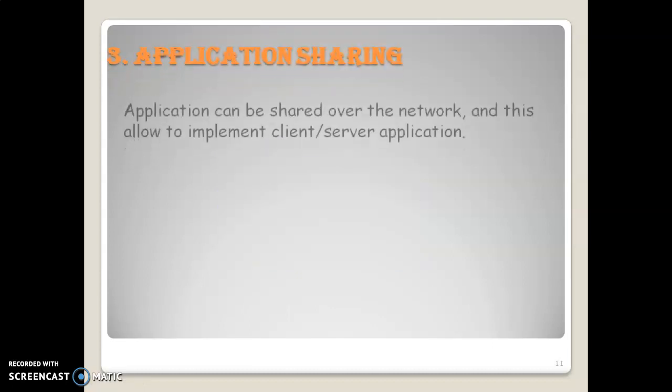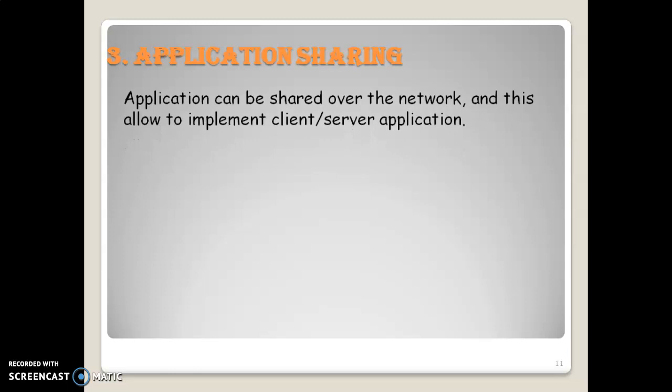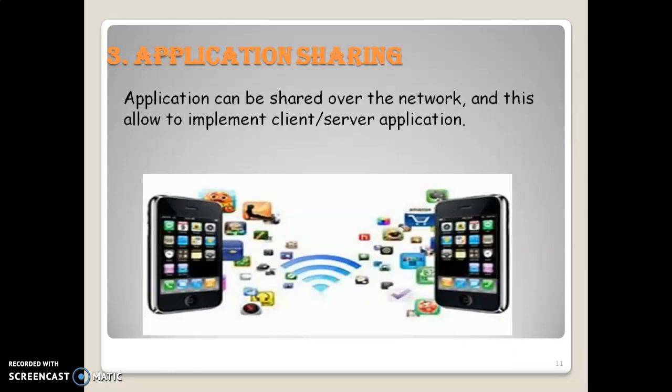Next is application sharing. Over a computer network, we can also share applications. If we have a server, and the server has some applications, those applications can be used by its clients also. So when we are working in a client-server setup, we can share the applications installed on one machine and retrieve them from another machine.